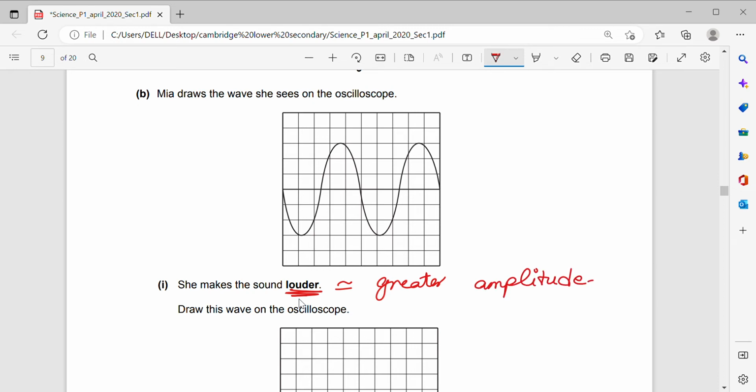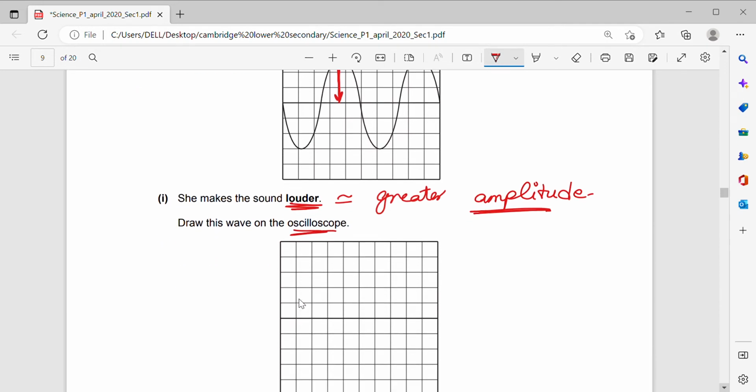Let's remember what was the amplitude. This is actually the value of the amplitude. Here, greater amplitude. Draw this wave on the oscilloscope. We need greater amplitude, so the waves should be higher. Let's draw together the waves.